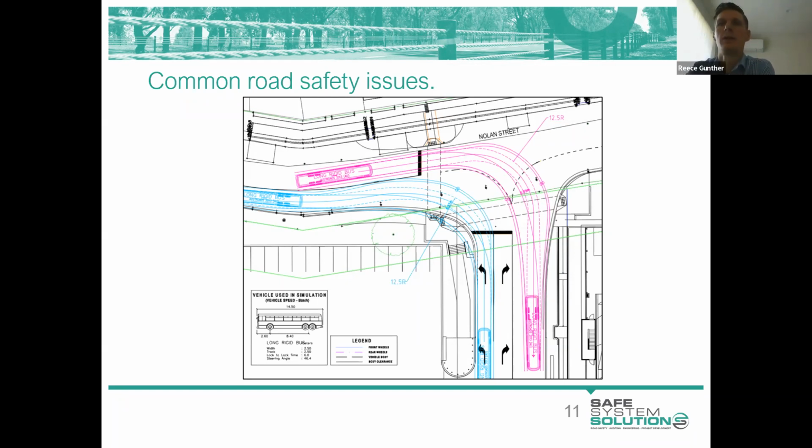Now, as part of my audit, and as I say, sometimes you're not provided the digital files, but being CAD savvy, I was able to run the swept path analysis for this particular intersection. Because the swept path diagrams were not provided, I found that the vehicle turning out, there are some safety implications with the bus mounting areas behind the curb where pedestrians may be standing.